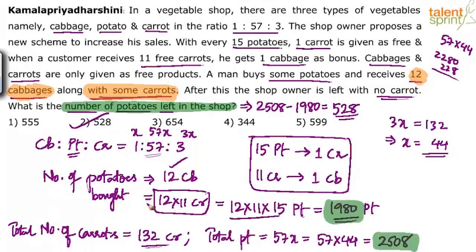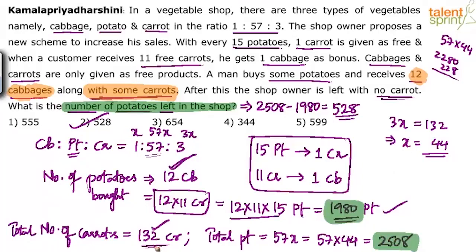If you look at this person who has bought 1980 potatoes, he has got 12 cabbages free and he has also got 132 carrots free. So altogether, he is taking 1980 potatoes, for which he earned 132 carrots free, and for earning these 132 carrots free, he has earned 12 cabbages free, which is fine.